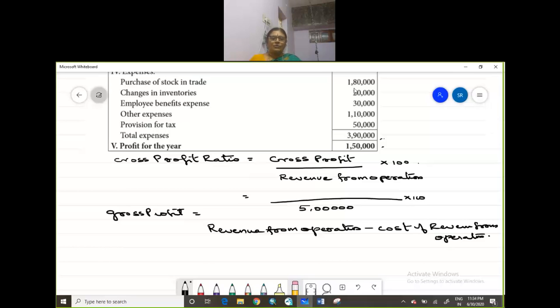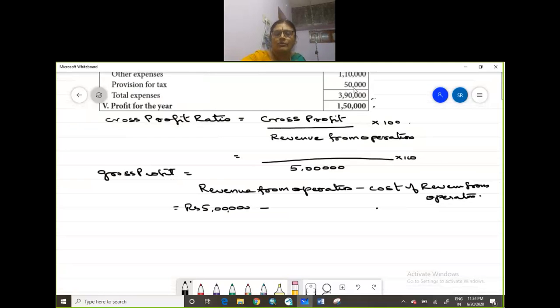Now what is your revenue from operation? 5 lakhs. Now how to find out cost of revenue from operations? We don't know it, so we have to calculate cost of revenue from operations.